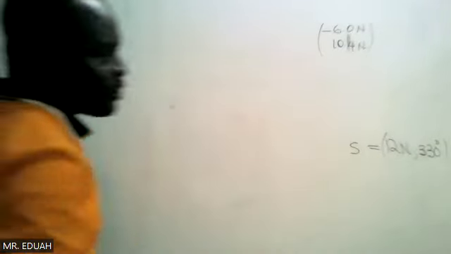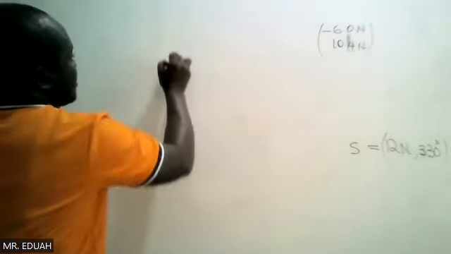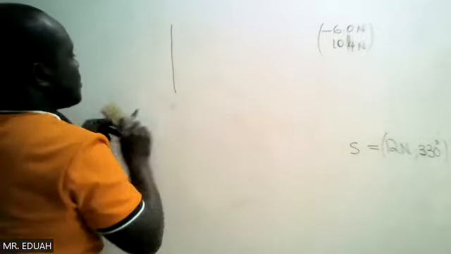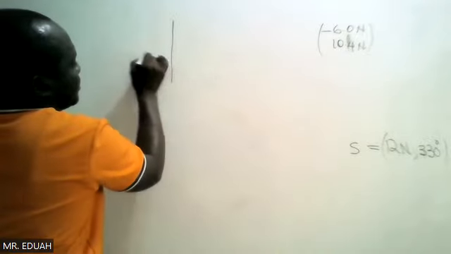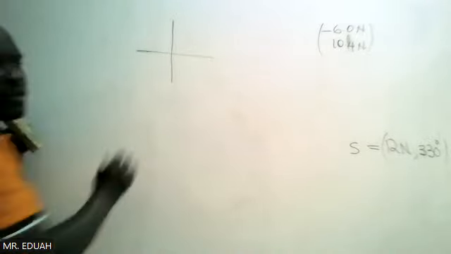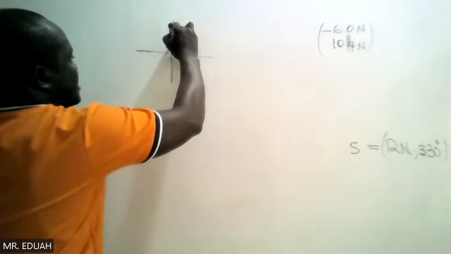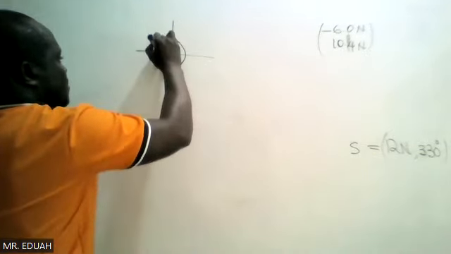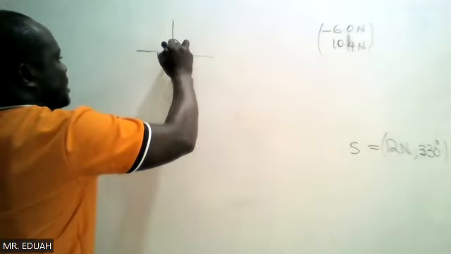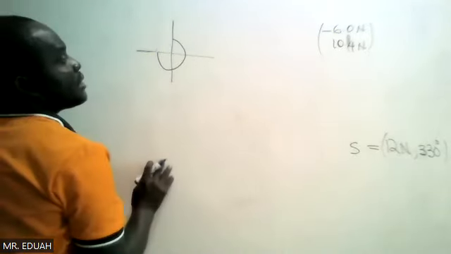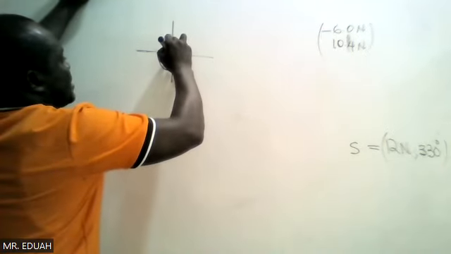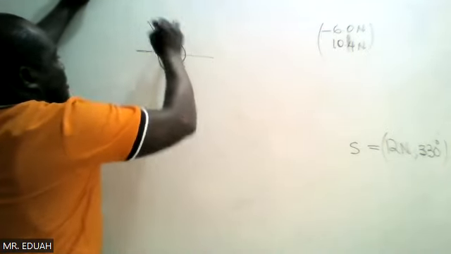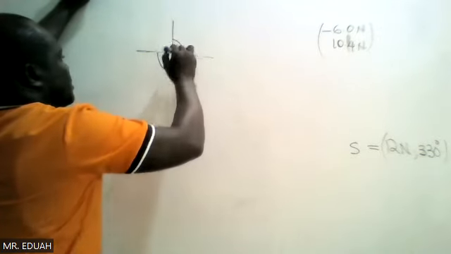Okay, so let's see. What's the magnitude of the force? 12 Newton. So 330. So this is 270, and 270 plus 60 is 330.